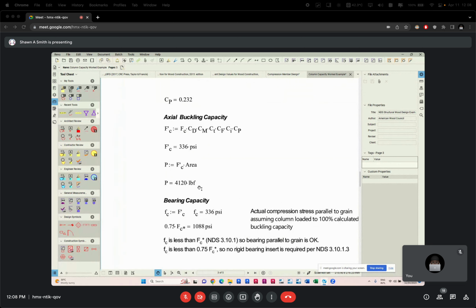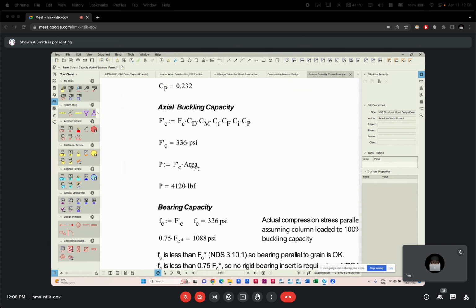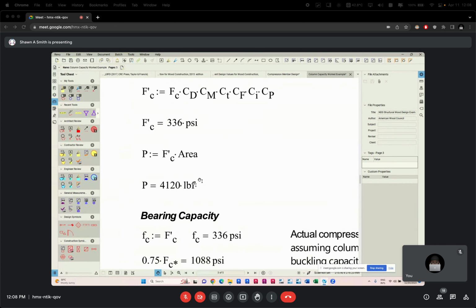It says pound foot. Oh, sorry, pound force. It's pounds, right? Because this is PSI, and the area is going to be in inch square. So this is inch square. You're going to come out at pounds. All right, pound force. So be careful. This F, I think it means pound force. All right.